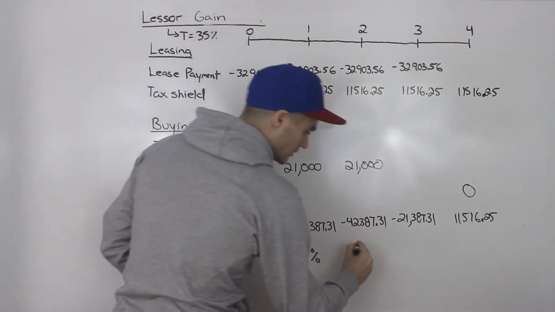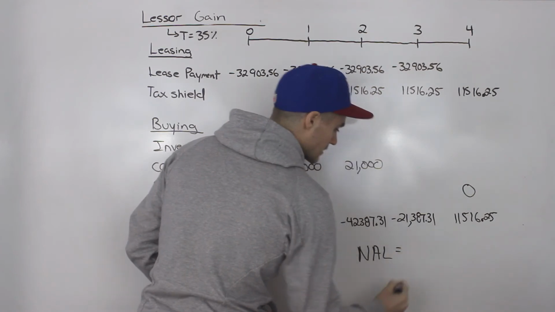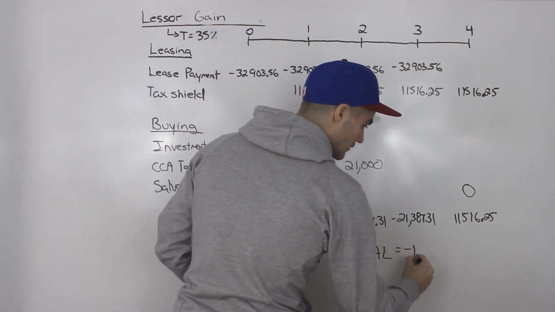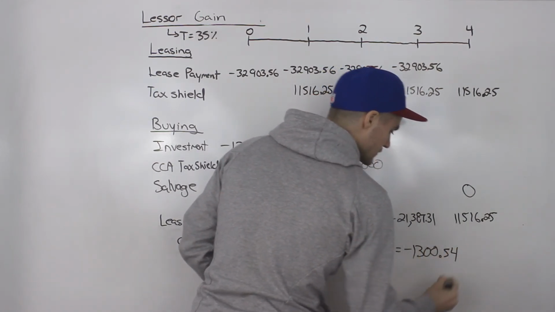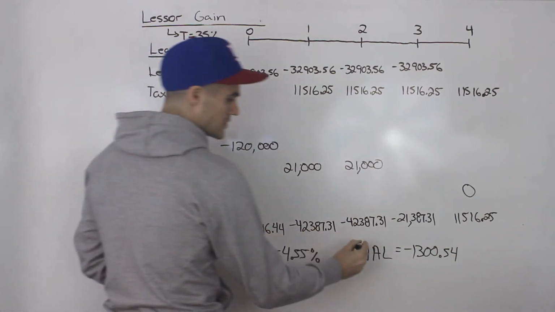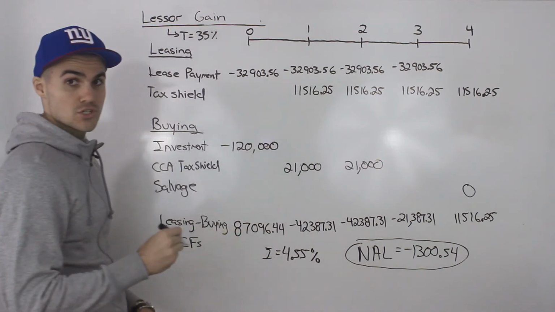And then you calculate that NPV, or that net advantage to leasing. And when you do that, you'll end up getting negative $1,354.